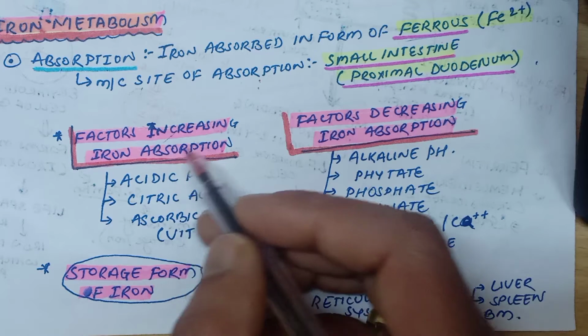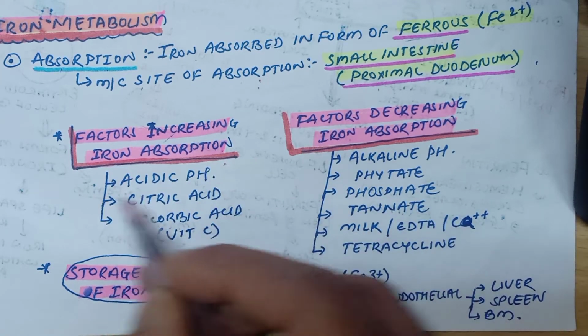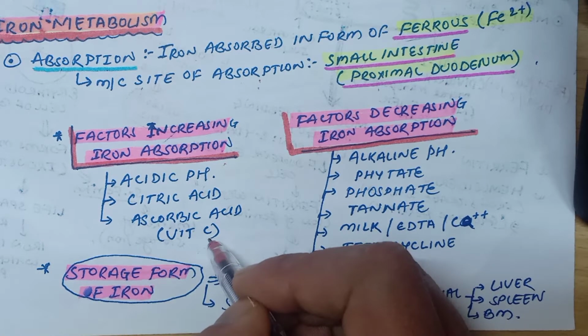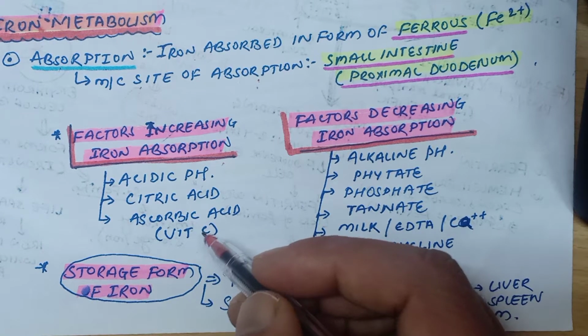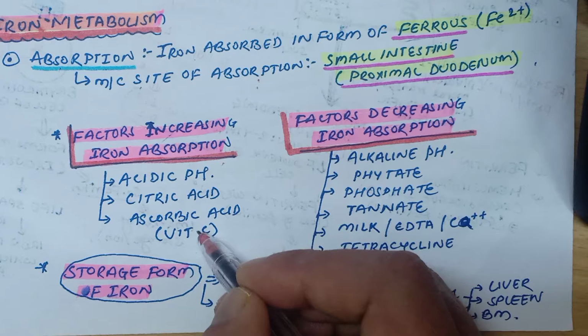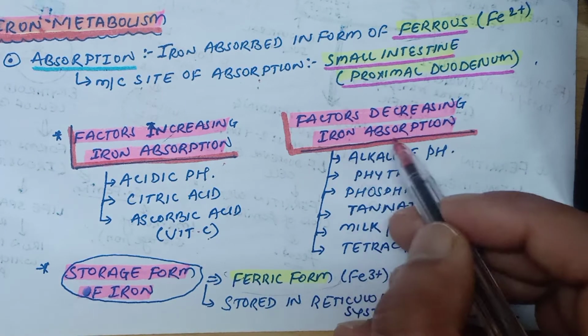What are the factors that increase iron absorption? These are acidic pH, citric acid, vitamin C. Meat consumption can also increase iron absorption by increasing gastric acid secretion. Now the factors that are responsible to decrease iron absorption.